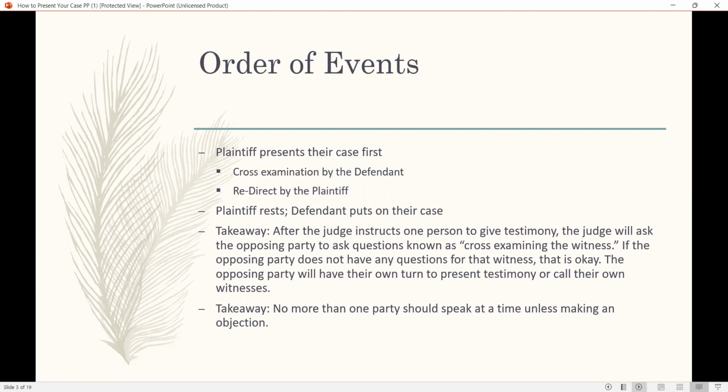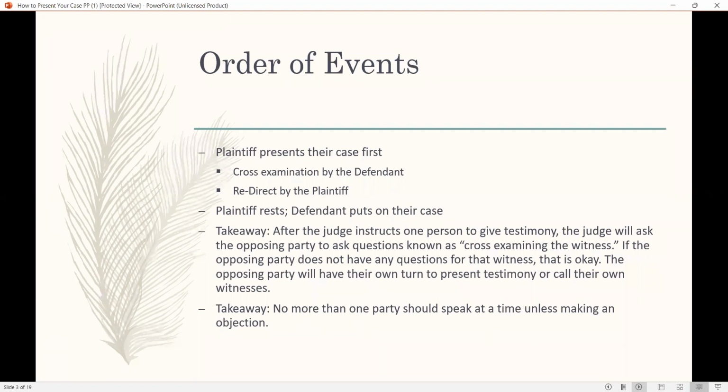And for purposes of efficiency or time, sometimes the judge will allow a party to go outside of the scope of direct examination if that party is just going to end up calling or recalling the witness during their case in chief. And we'll go over what that means in a little bit.